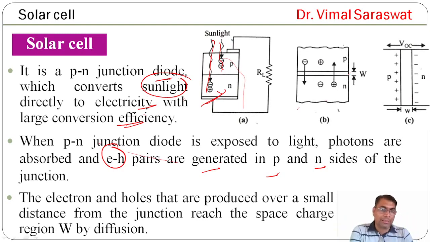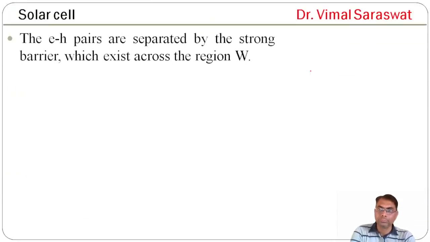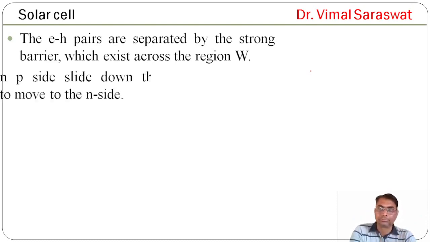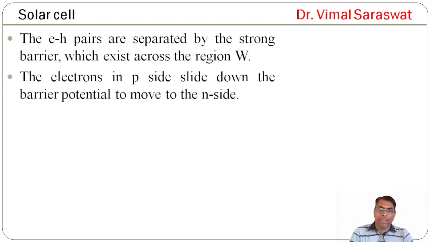So this is our space charge region, and the electron holes generated by sunlight reach this region. The electron hole pairs are separated by the strong barrier which exists across the region W. The electron in the P side slides down the barrier potential to move to the N side.